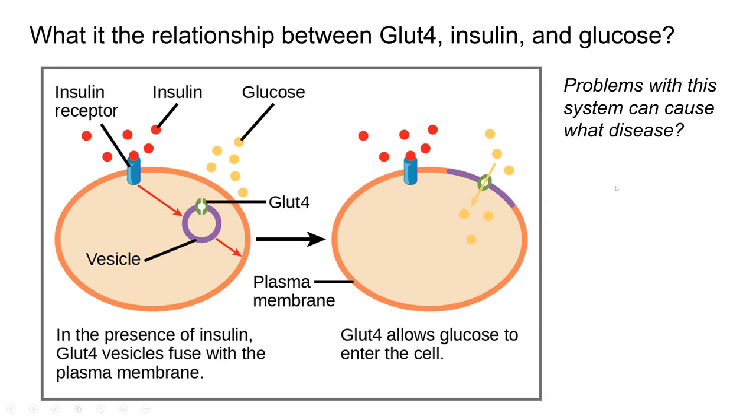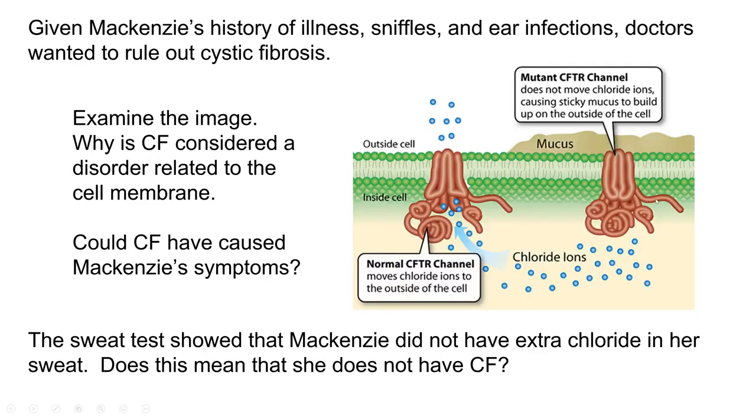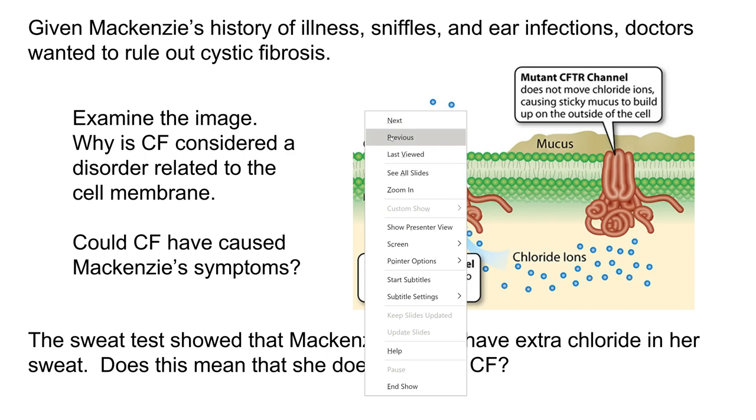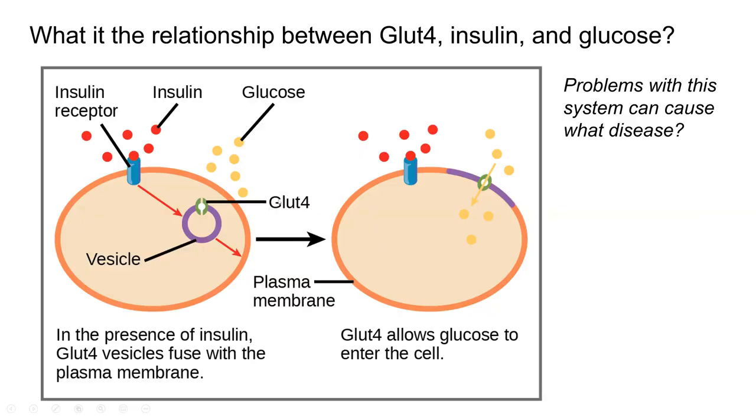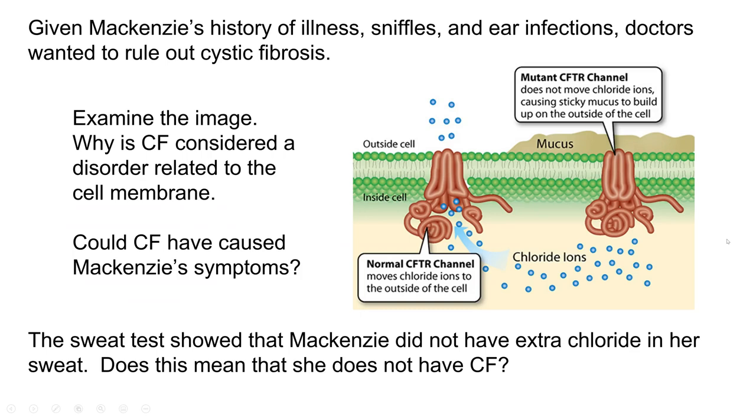So what diseases can this cause? Well, insulin resistant diseases, for one. It's producing insulin, but you can't get it into the cell, so that's more of a type 2 issue. Okay, so that's it. So that is a physiology function that is necessary for life.